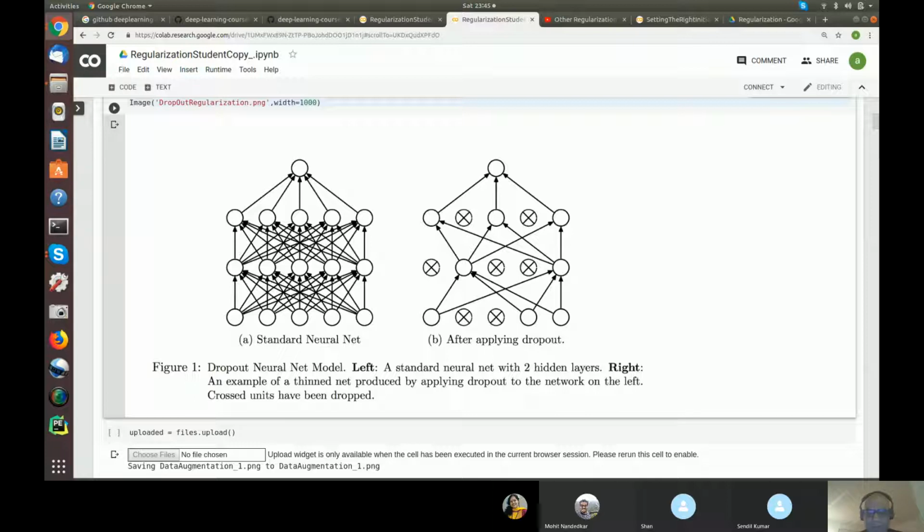Because there were 10 neurons going into it, you had 10 inputs multiplied by weights. And now let's say at random you're dropping out 20%, so you're dropping out 2 of them. So now what's coming out, the value is smaller than what you would have expected. And that creates a bit of a problem.